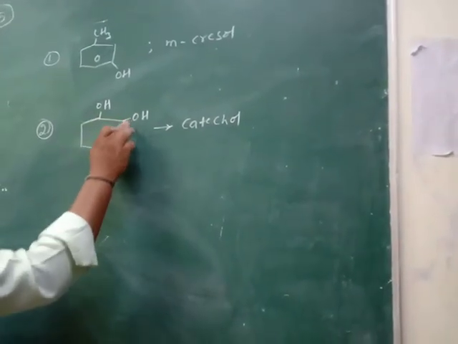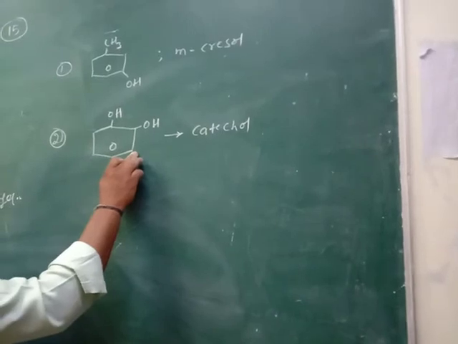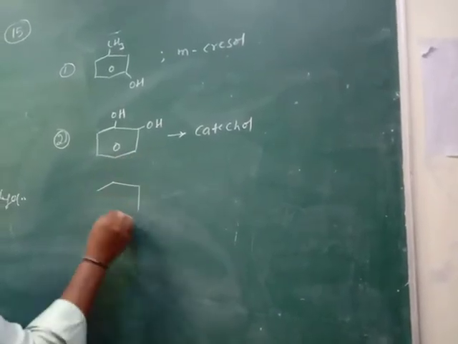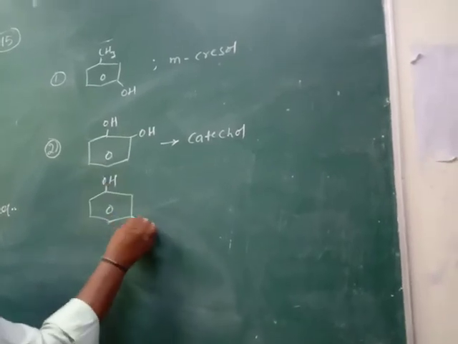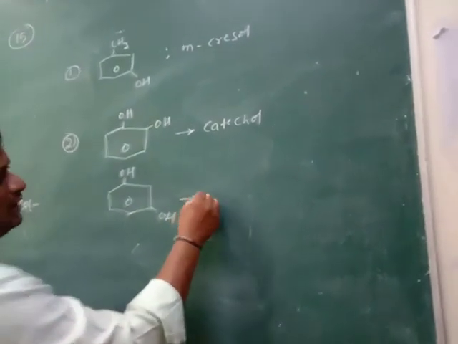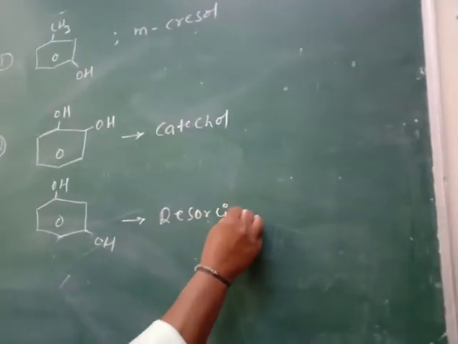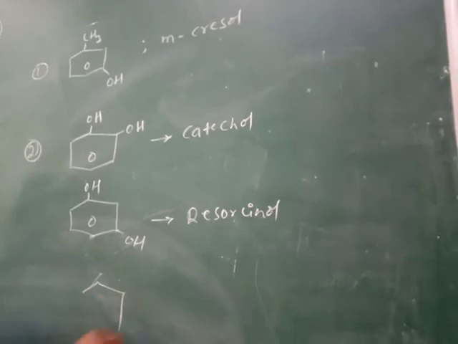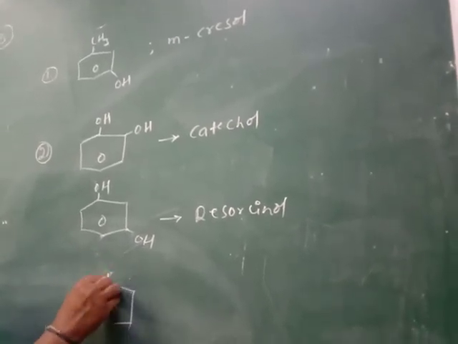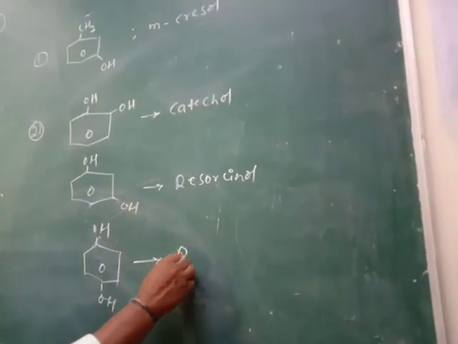If the OH is present at this position, it is resorcinol, with OH and OH. If the OH is present at this position, with OH and OH, it is quinol.